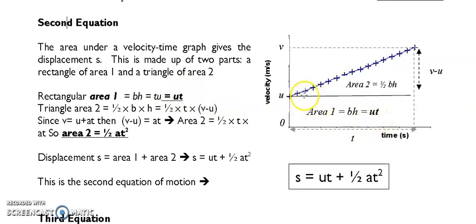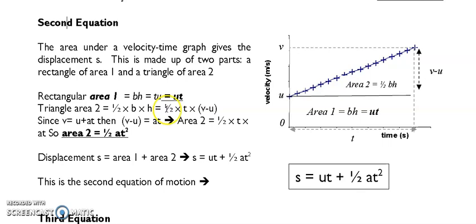Area 2 is a triangle. So the area of a triangle is a half times the base times the height. In this situation, the base is t, so we have a half times t, and then the height of this triangle is v take away u.